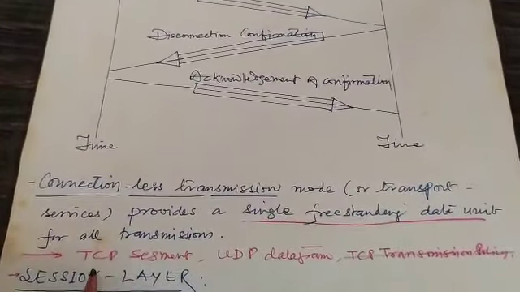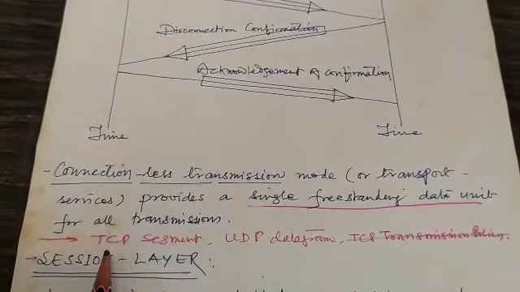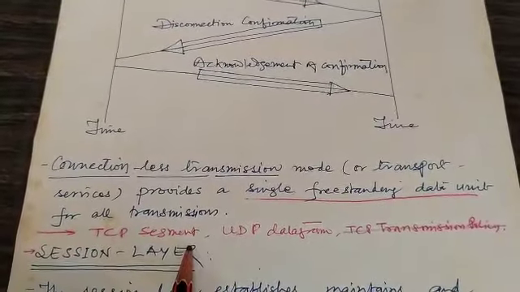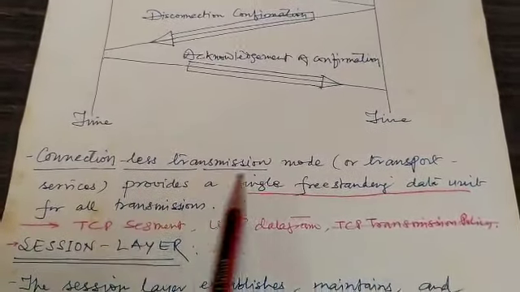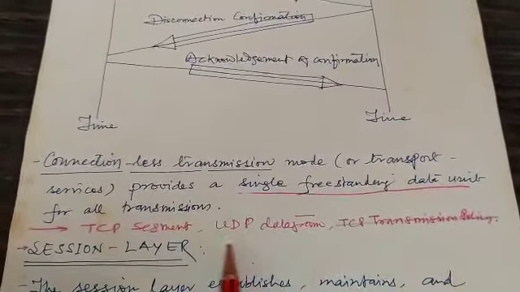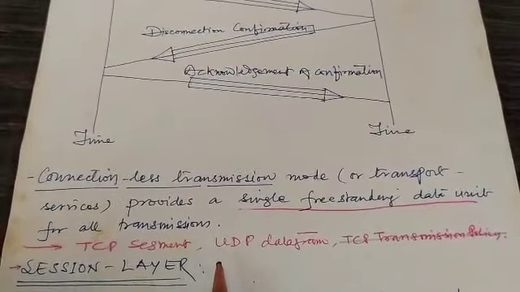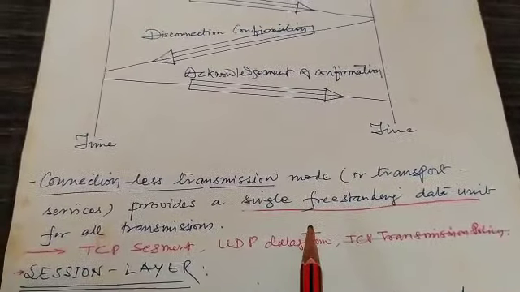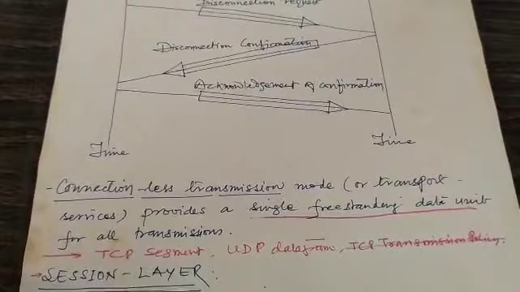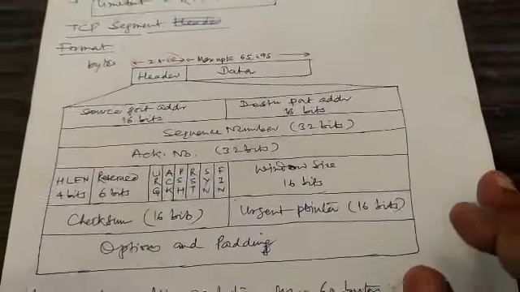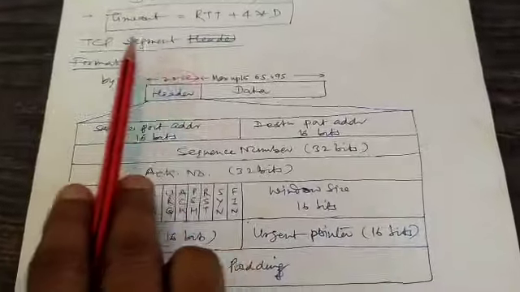We can see that under the connection oriented service, or we can say the TCP protocol, we have the data unit in the form of TCP segment, whereas under the connectionless service the kind of protocol is UDP protocol or user datagram protocol, and the data unit is named as the UDP datagram. Both of these we shall see in details.